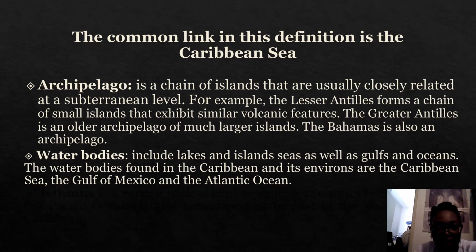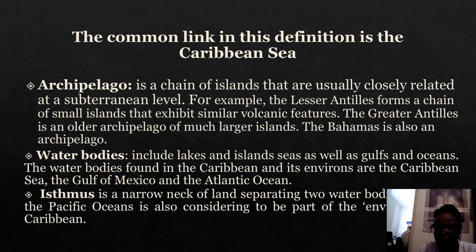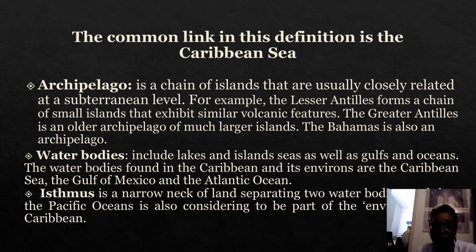Another thing you could also say was water bodies, and if you give examples such as the Gulf of Mexico, and you talk about the Atlantic Ocean and the Pacific Ocean as neighboring water bodies to the Caribbean Sea, all those names, all those water bodies would also be underlined and given to you as a knowledge mark. Another term that would come up in the discussion of the geographical location is actually isthmus.